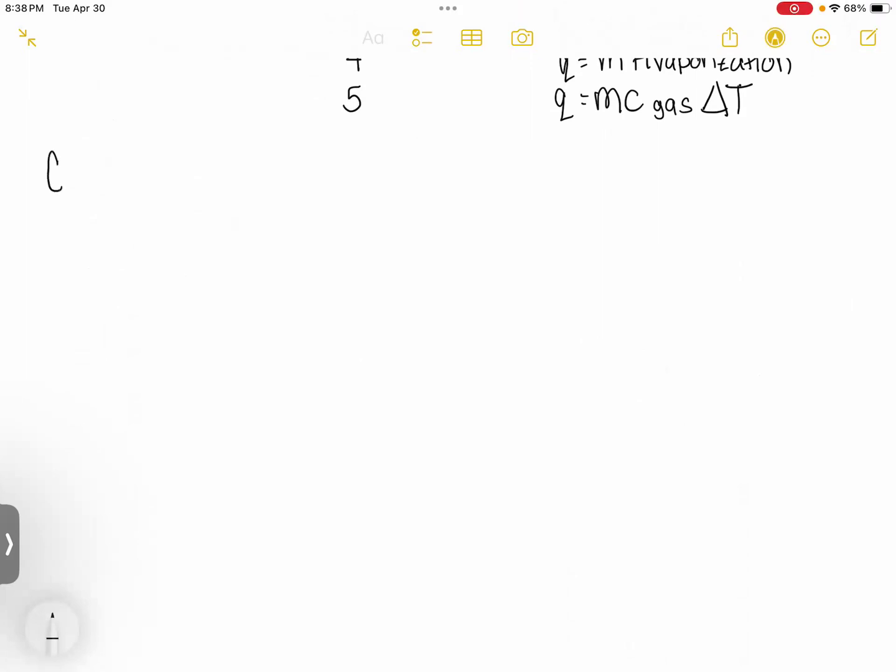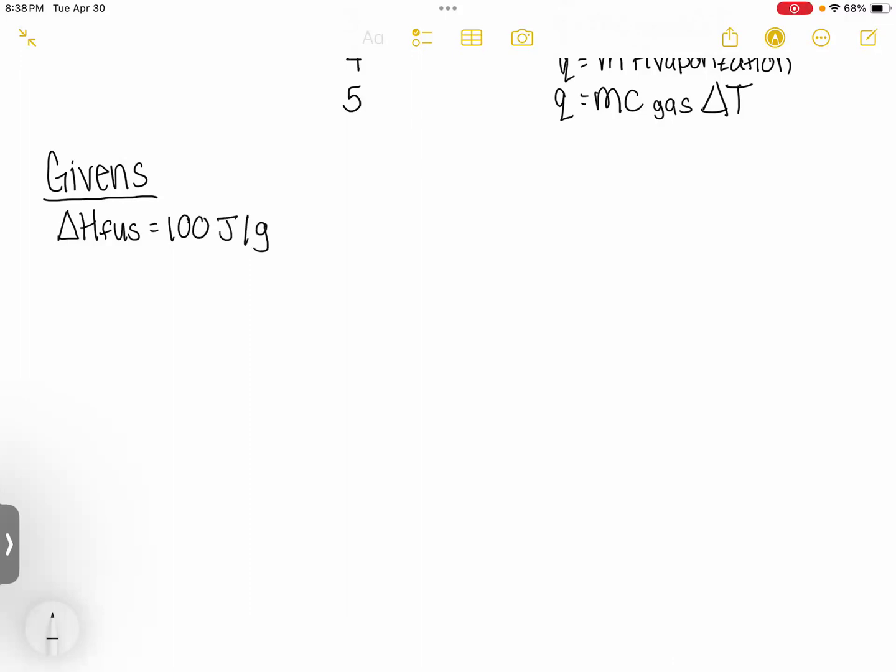When you have a heating or cooling curve calculation, you're going to be given a whole bunch of information. So things that you'll have to be given: heat of fusion. For this substance, our heat of fusion is 100 joules per gram.